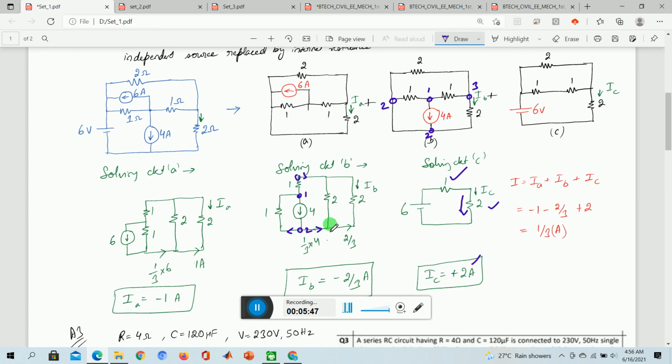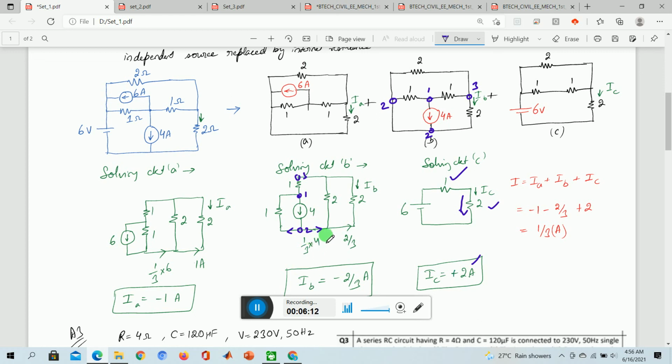On the right hand side there is a 2, this is 1, and this one becomes again 2 ohm. On the right hand side the net resistance is 2 ohm, on the left hand side 1 ohm. So the current going towards the right hand side will depend on the opposite resistance, that is 1 divided by 3 into 4. That is the total current going on the right hand side.